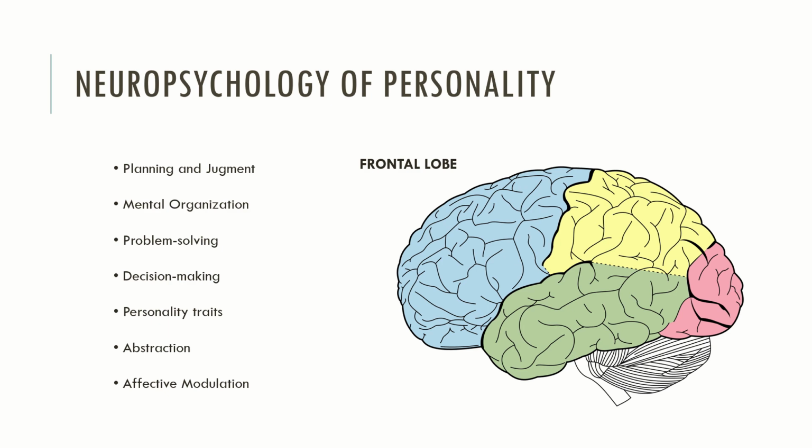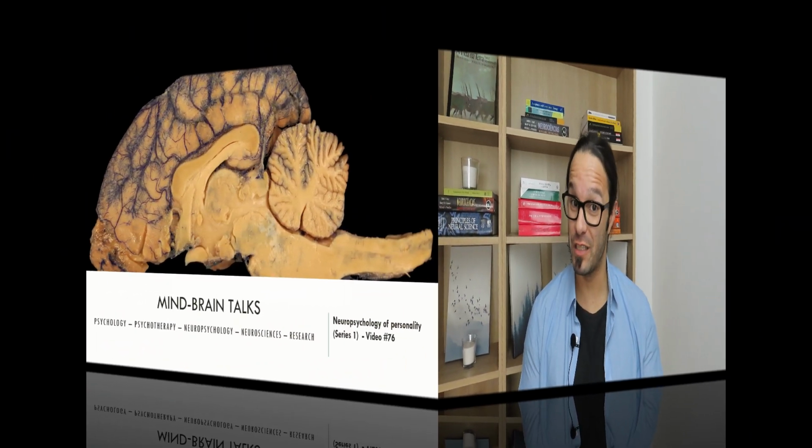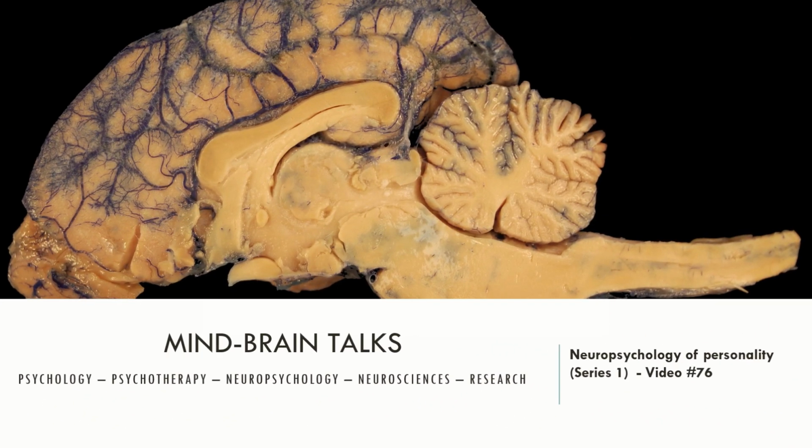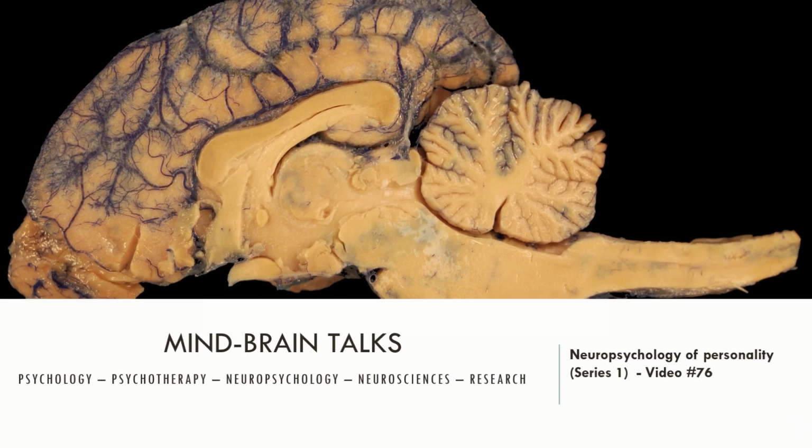But I will leave that for future videos. By taking a localizationist approach, we see that the frontal lobe may be the major neuronal structure that is very associated with different personality traits. Personality may be located in the major divisions of the frontal lobe: prefrontal cortex, orbitofrontal cortex, and cingulate cortex, or even ventromedial cortex. Several personality traits tend to change when some of the structures of the frontal lobe get some type of damage.